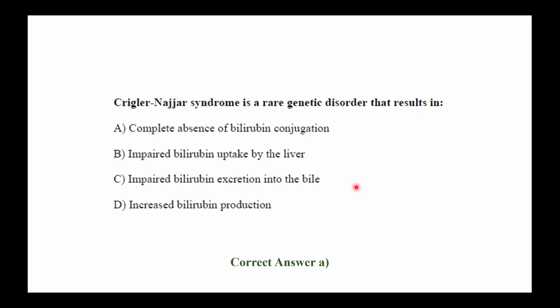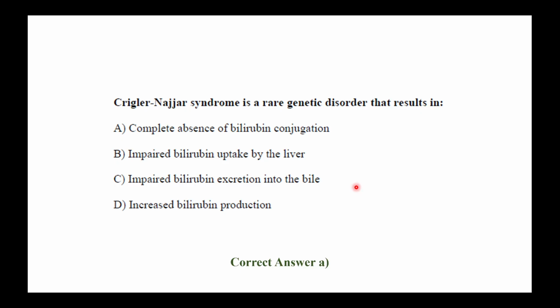Because bilirubin is not soluble in water, it is insoluble. And for the transport of bilirubin through the plasma to the liver, it needs to be solubilized somehow. So it is conjugated with albumin, and albumin carries the bilirubin from the plasma to the liver, where it is further processed and excreted through urine and feces.